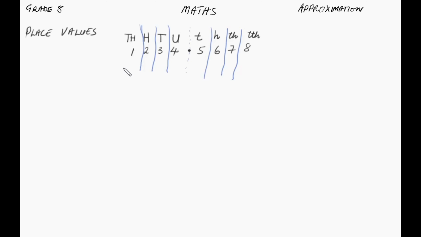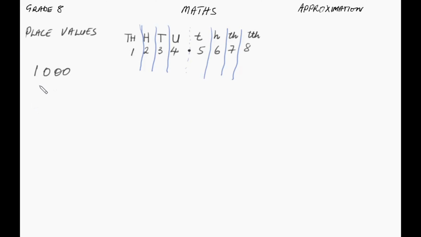Now, how do you write 1,000? Remember that 1,000 would be a one followed by three zeros.